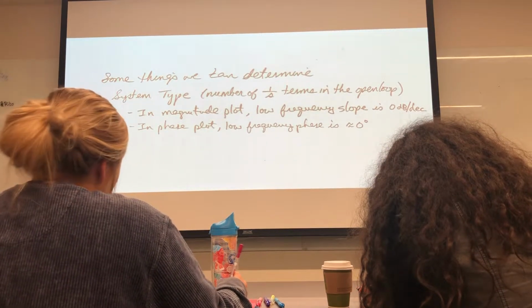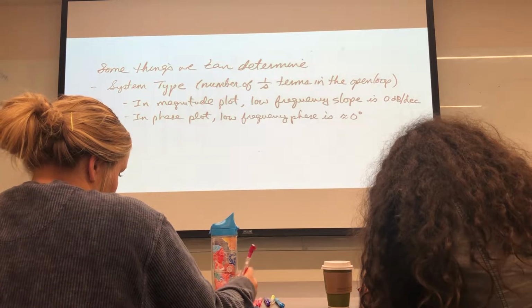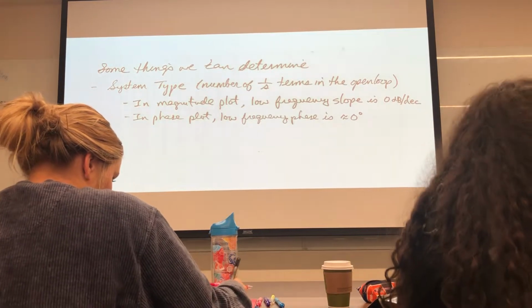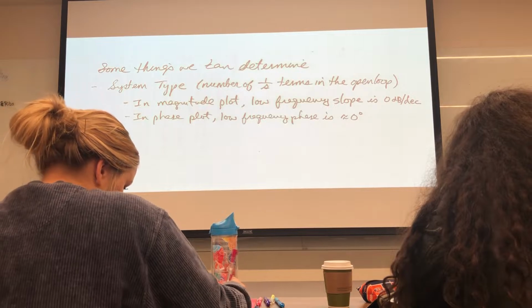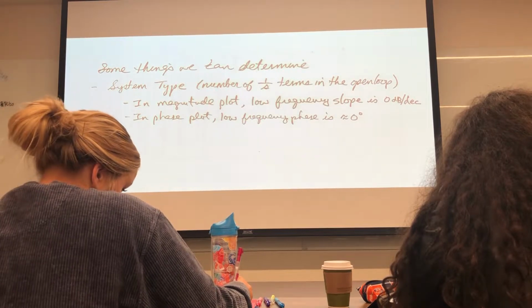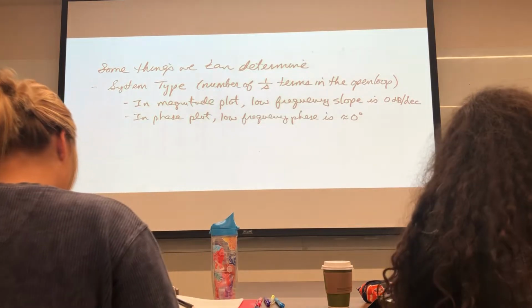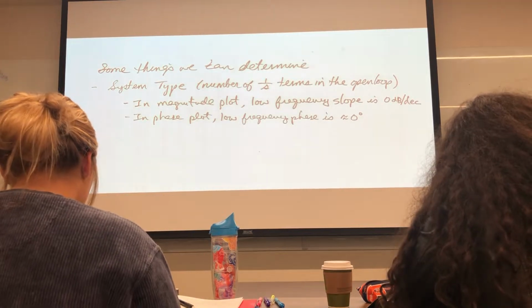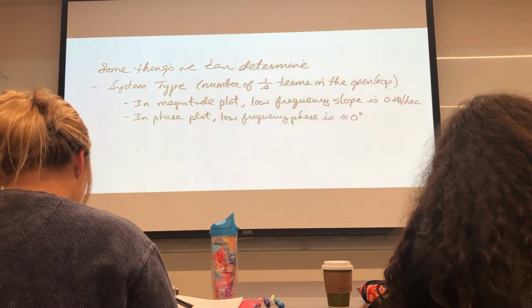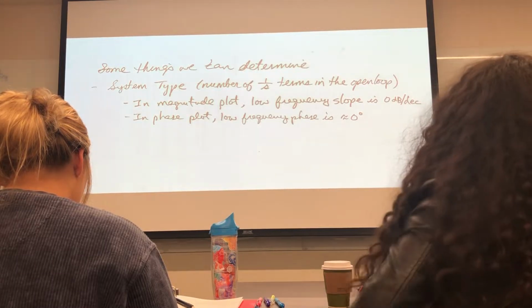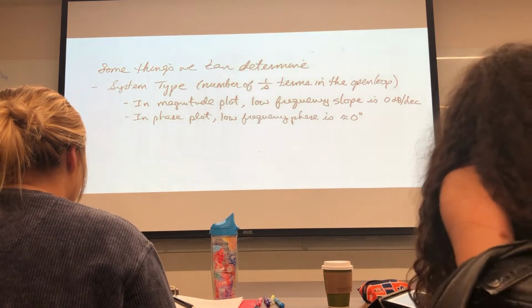Okay. So these two things together would suggest to me that the number of 1 over s terms is, any suggestions? 0. Okay. If I had a 1 over s term, the initial phase would be like minus 90 degrees, and the initial slope would not be flat.